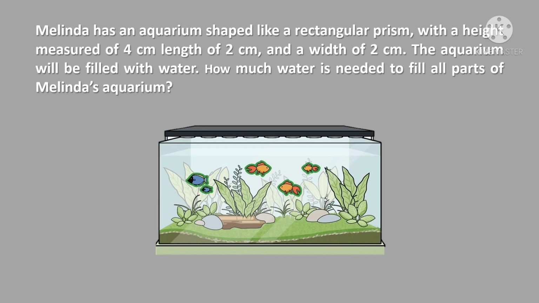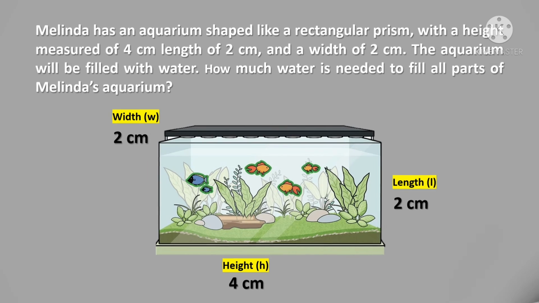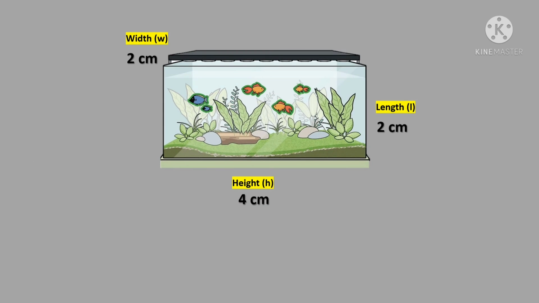Now we know that the volume of a rectangular prism is the length times the width times the height. Here the rectangular prism has a height of 4 centimeters, a length of 2 centimeters, and a width of 2 centimeters. Now what we will do is plug the numbers in and use the right units.